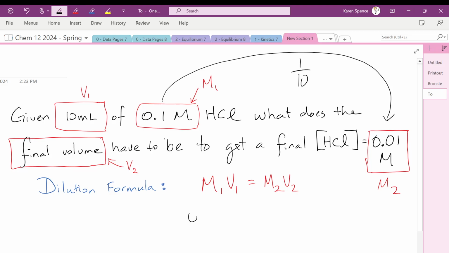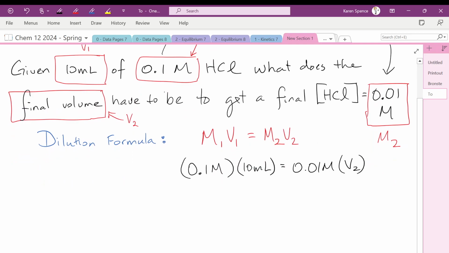So we can take our numbers and plug them into this formula. M1, 0.1 molar, times V1, 10 milliliters. And I'm not going to worry about sig figs here. I'm just going to play fast and loose with them, okay? Equals M2, 0.01 molar, times V2, which is my final volume. And then we just have to solve for V2.